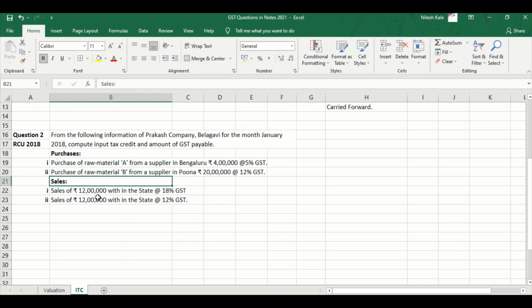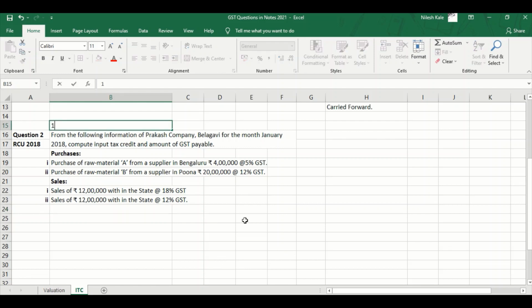Sales of rupees 12 lakh within the state, 18% GST, and sales of 12 lakh rupees within the state at 12% GST. This question was asked for 15 marks.